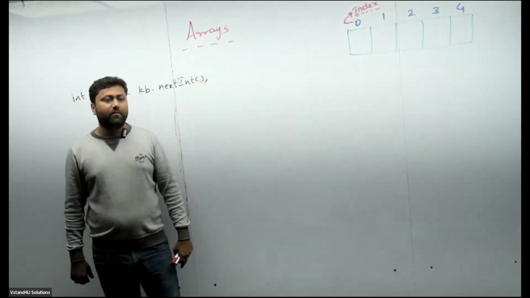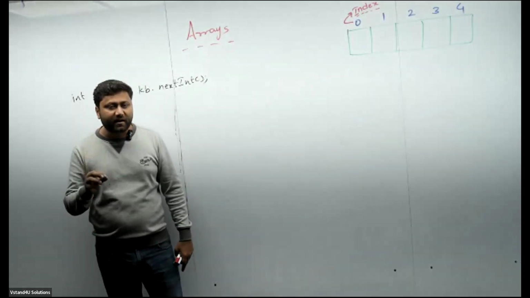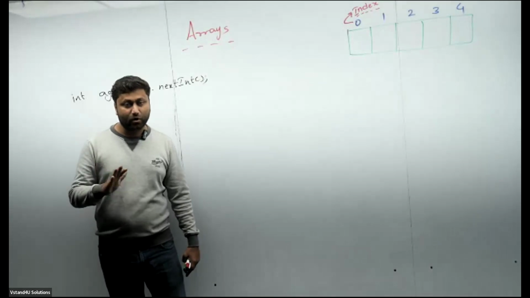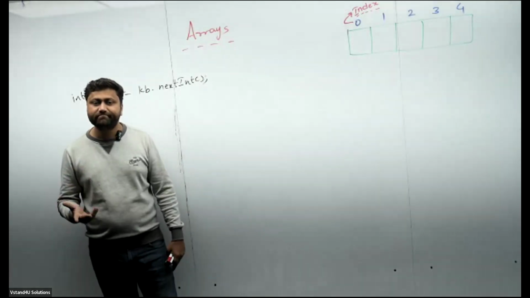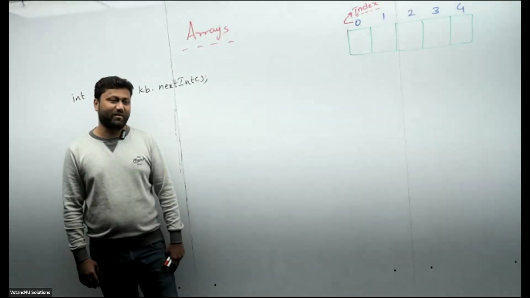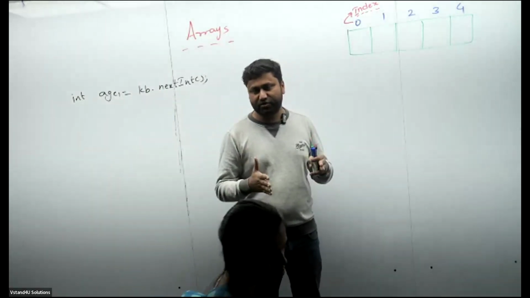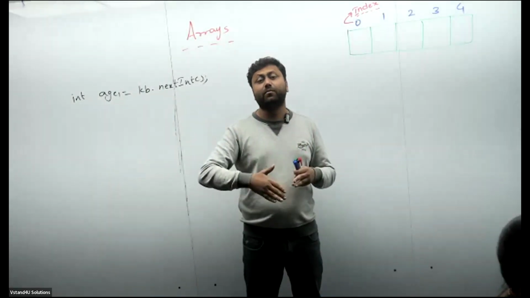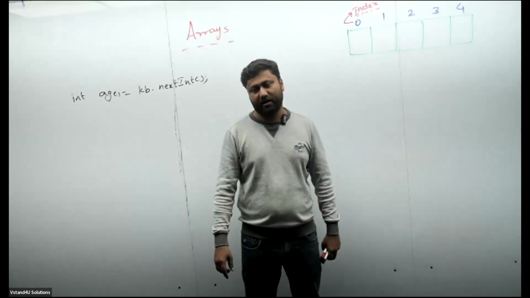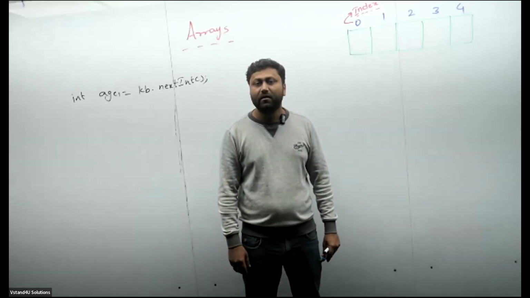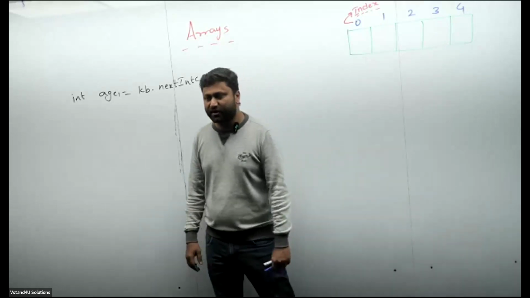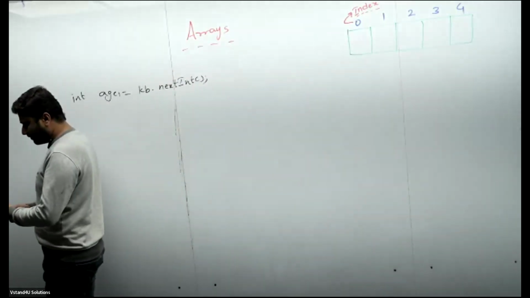But for example, if at runtime less than the size or more than the size of data comes, then there is a problem. If less than the size, some space will be wasted, but you can handle the situation. If more data comes at runtime, then you cannot handle it. Are you getting my point? Everybody, shall I proceed? Okay, sir.